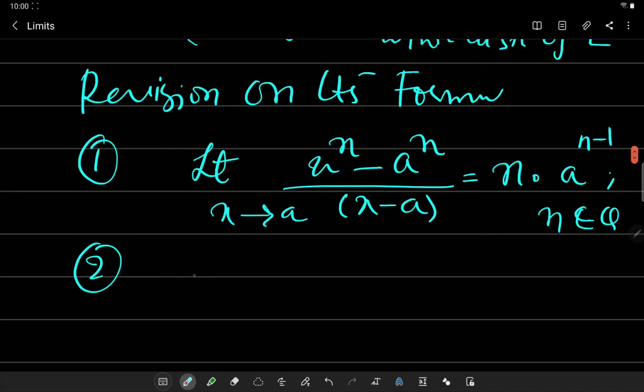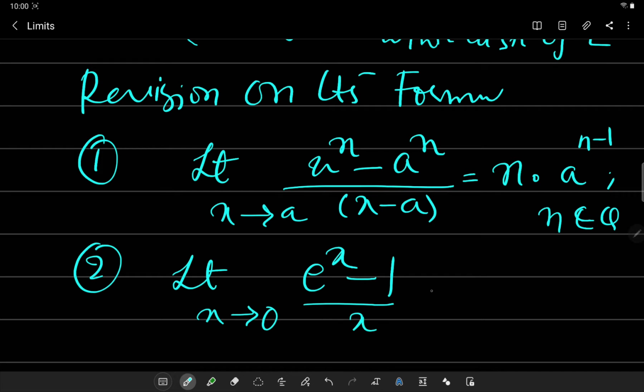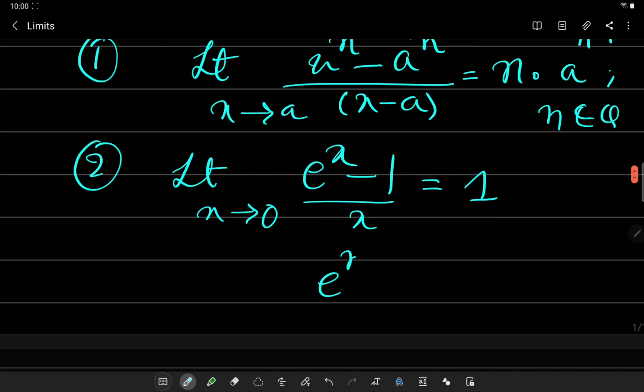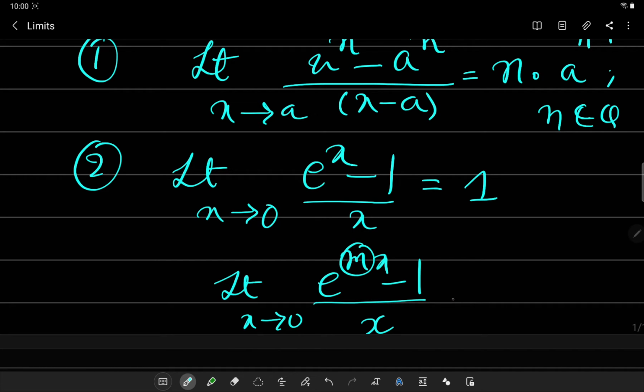The next formula, limit x tends to 0 of (e^x minus 1) divided by x, is 1. If you rearrange to e^(mx) minus 1 divided by x, in this case the limit will be m.